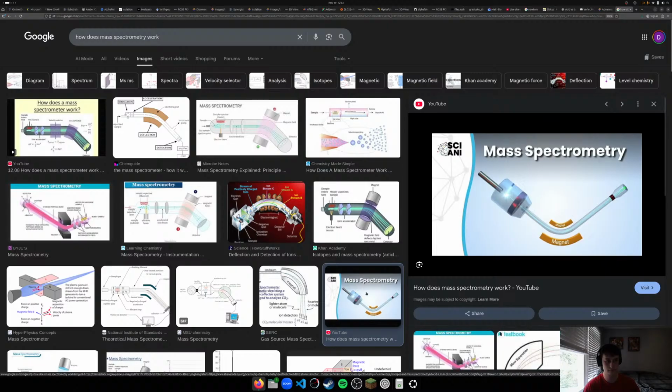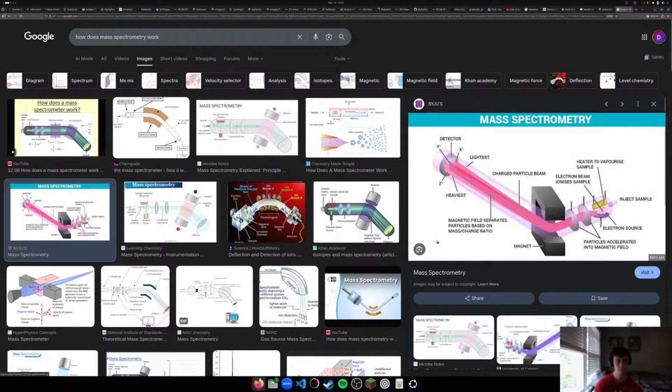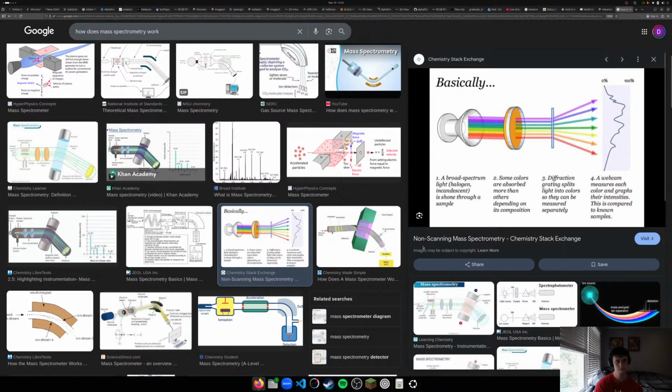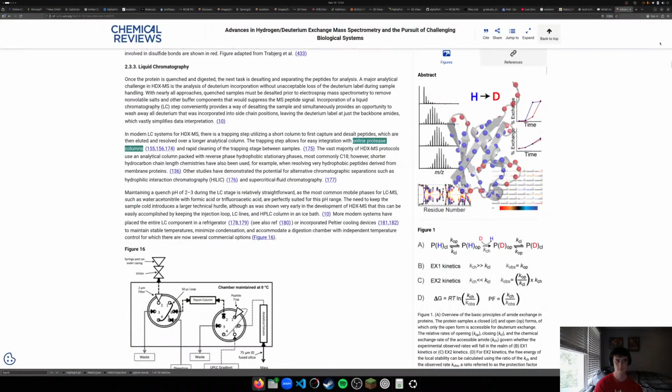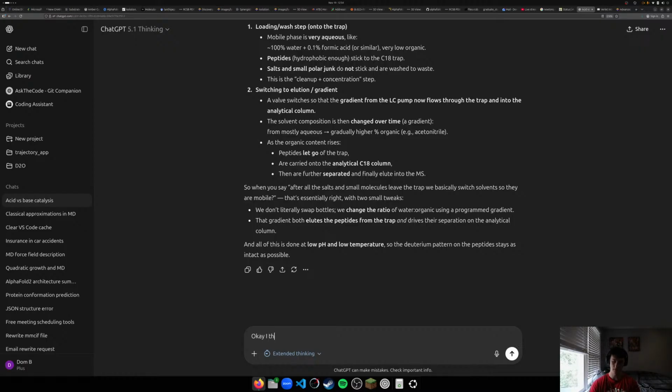So what was the point of this bend here? Okay, I think I get it. How does the MS work now?